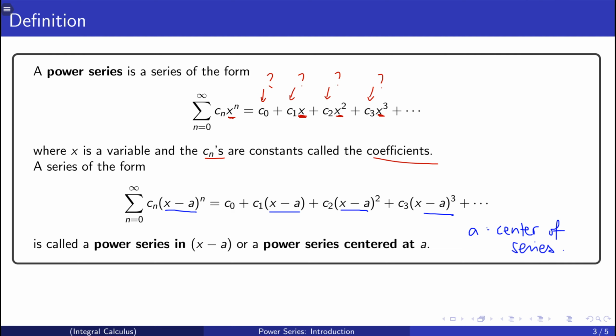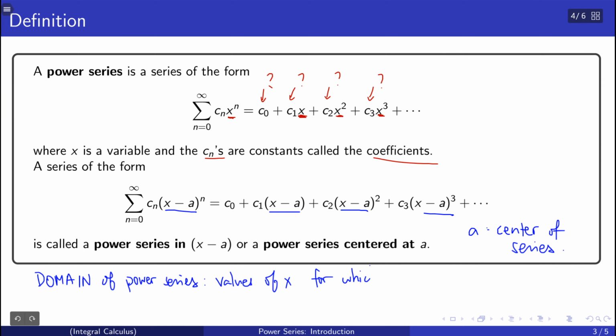And when we look for the values of x for which these converge, that's what we're going to call the domain of the power series. The set of all values of x for which this infinite series converges.